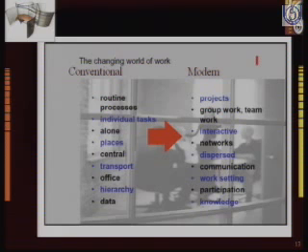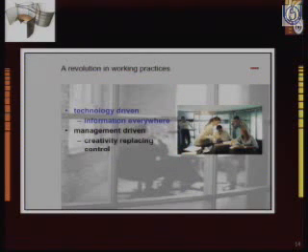You get the best out of it, because it has the involvement of everyone. So a revolution in working practices should have a flavor of technology driven, information everywhere, management driven, creativity replacing control.